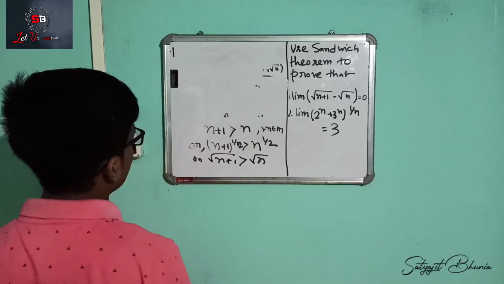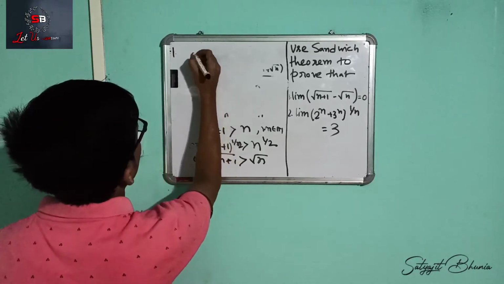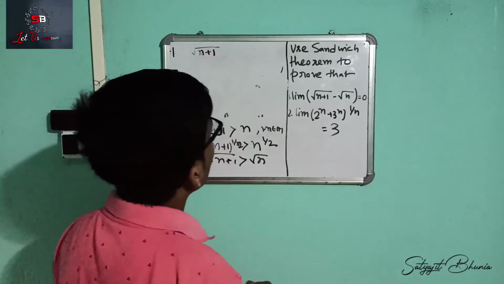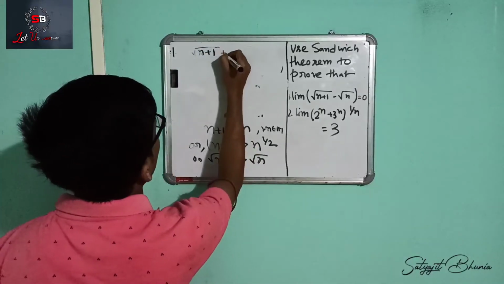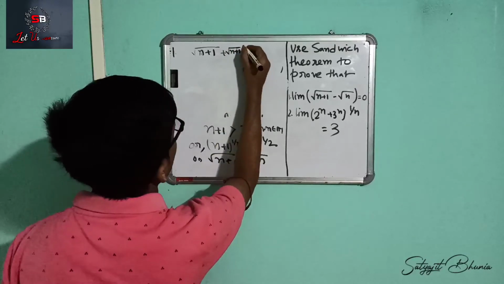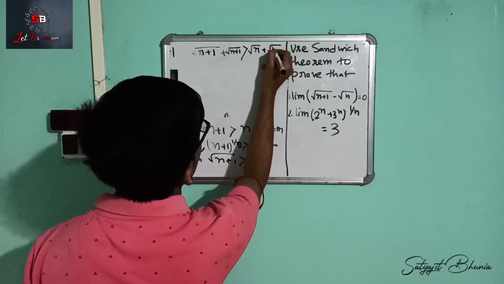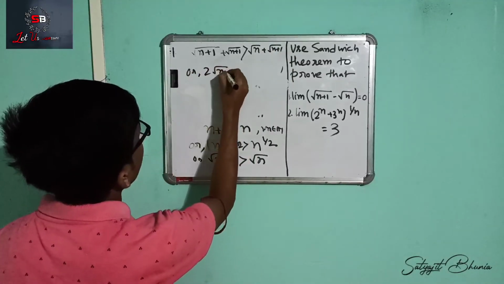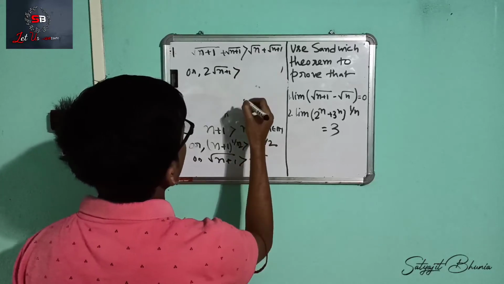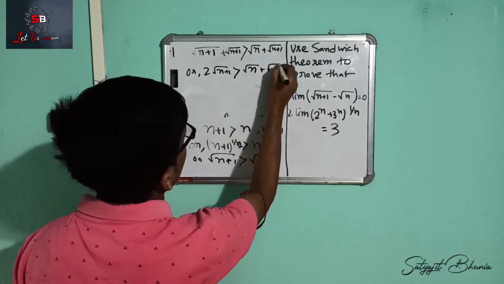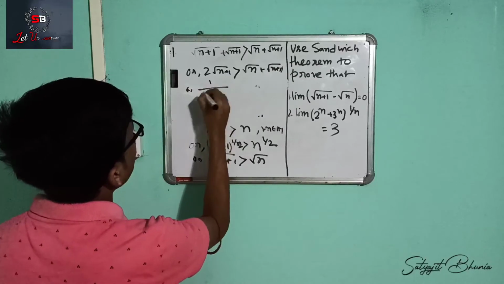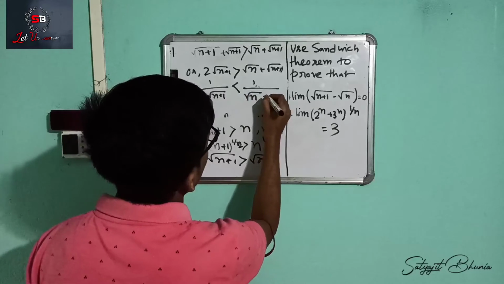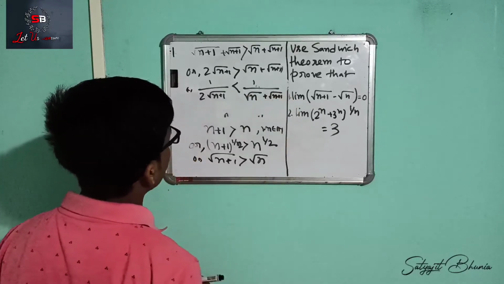Then root n plus 1 plus root n plus 1 is greater than root n plus root n plus 1, or 2 root n plus 1 is greater than root n plus root n plus 1, or 1 by 2 root n plus 1 is less than 1 by root n plus root n plus 1.